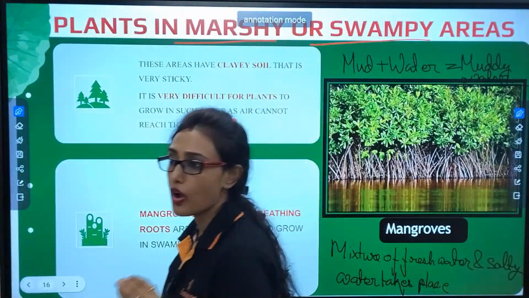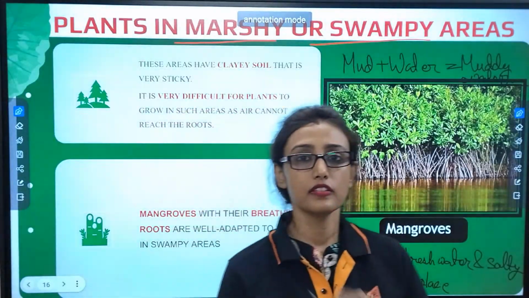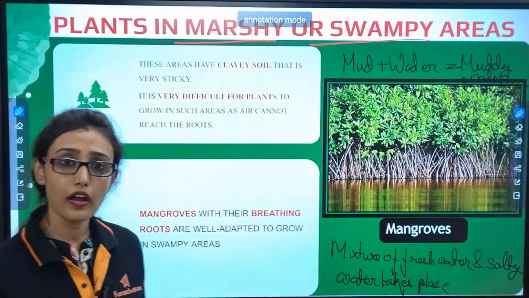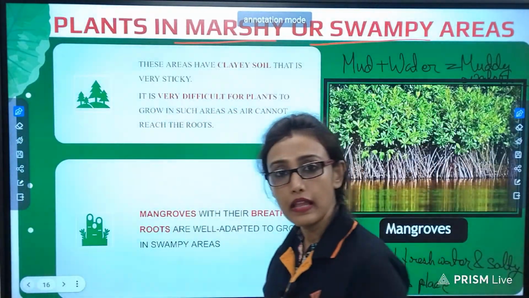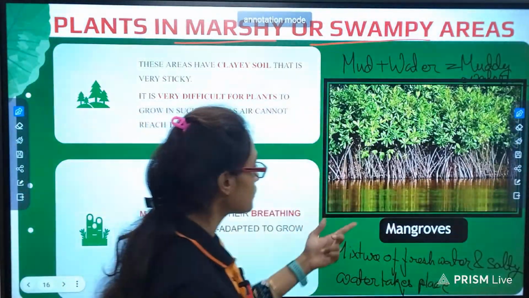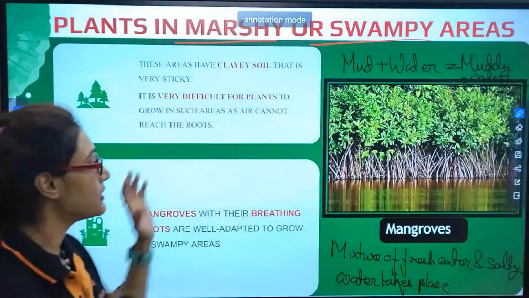So if the soil is very thick and air cannot pass through it, the roots, the cells of the roots, they need what? Air to live. So the roots over here do not get the sufficient air needed for living.